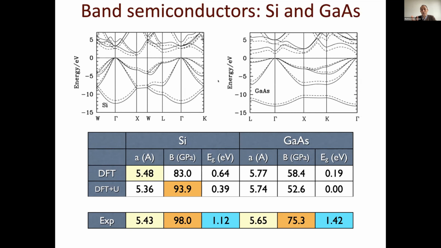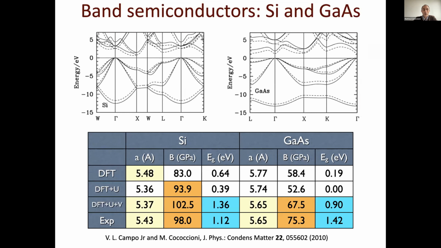So if you suppress hybridization, you suppress this band gap, and you go the opposite way. While +V restores this localization pattern, and predicts much better band gaps, bulk moduli, and also does well in predicting the equilibrium lattice parameter.